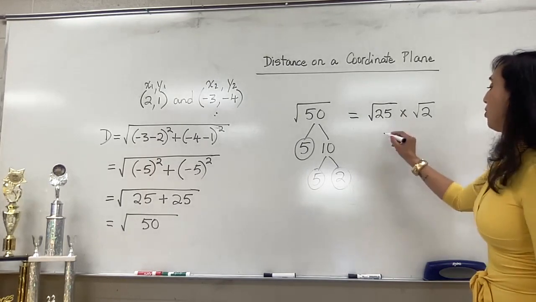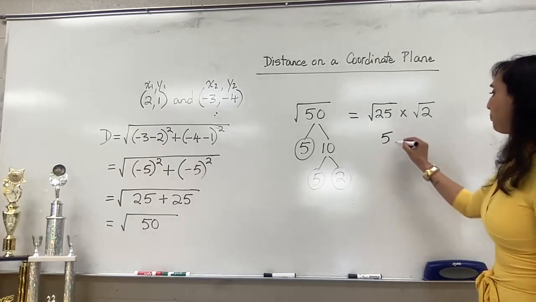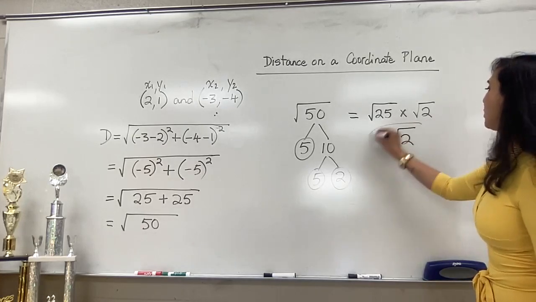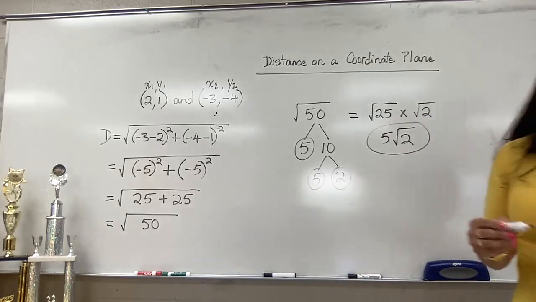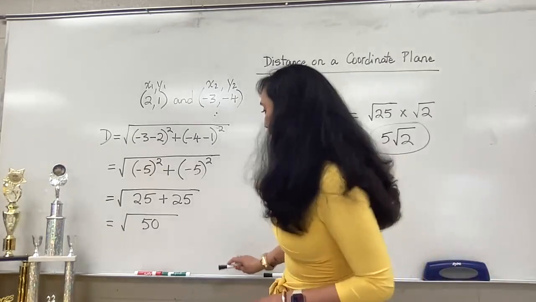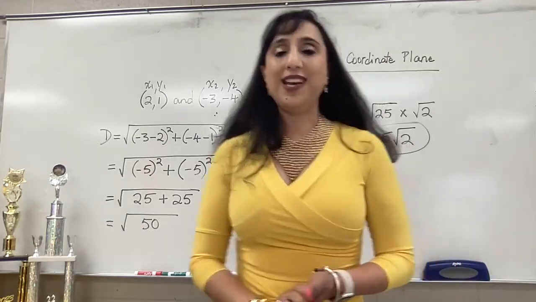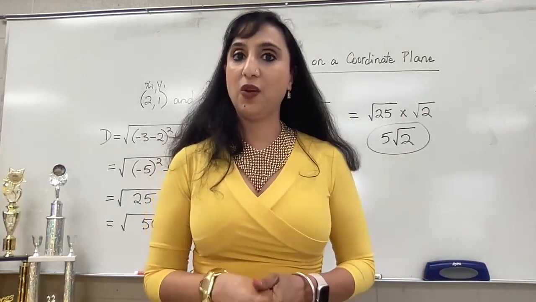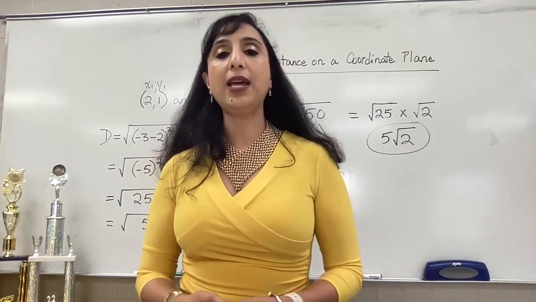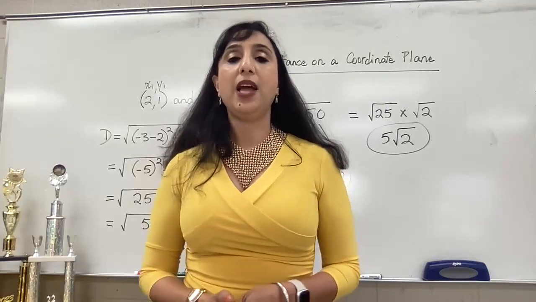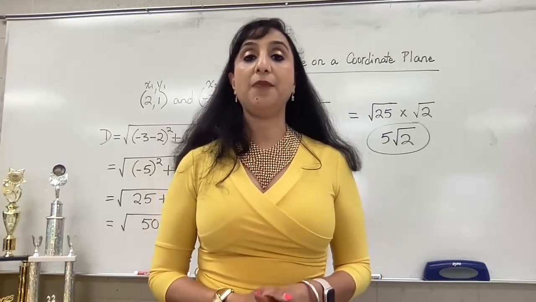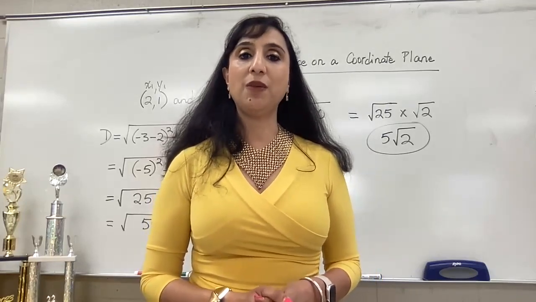So the square root of 25 gives me 5, and the answer is 5 root 2. Here is my final answer for the distance. Very easy. All you're doing is following this formula for distance on a coordinate plane, which is the square root of x2 minus x1 squared plus y2 minus y1 squared.